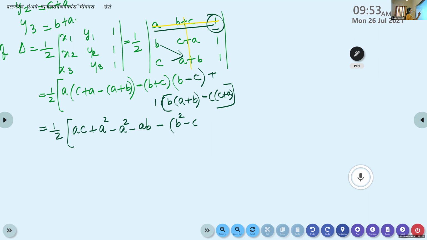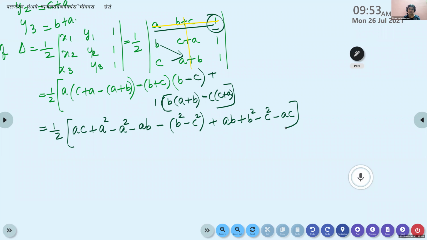So we get b square minus c square, plus, again if you open the bracket, AB plus b square minus c square minus AC. Now check this, children, whether all the terms will get cancelled. Plus AC minus AC plus A square minus A square.